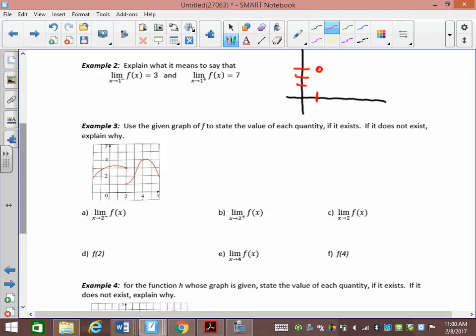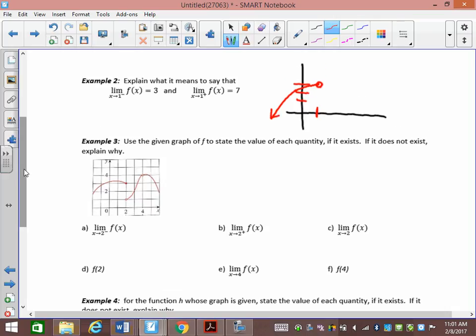I could make a horizontal line that goes directly to it, or I could come up to it, and all of those graphs would be correct because I haven't gotten any more information on it. If they want it more accurate, they'd have to tell me that on that side it's going to positive infinity or negative infinity, right? So as long as you are approaching 3 from the left, you're golden. Now from the right, it's going to approach 7.